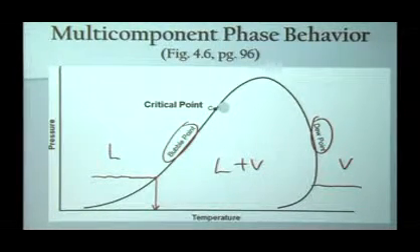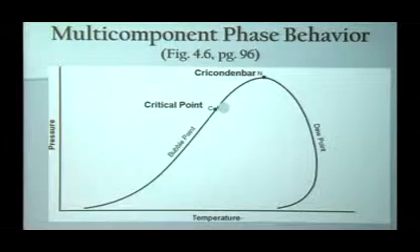Continuing with the analysis of the phase envelope, we have a point on the phase envelope called a cricondenbar. The cricondenbar is the highest pressure at which two phases can exist.